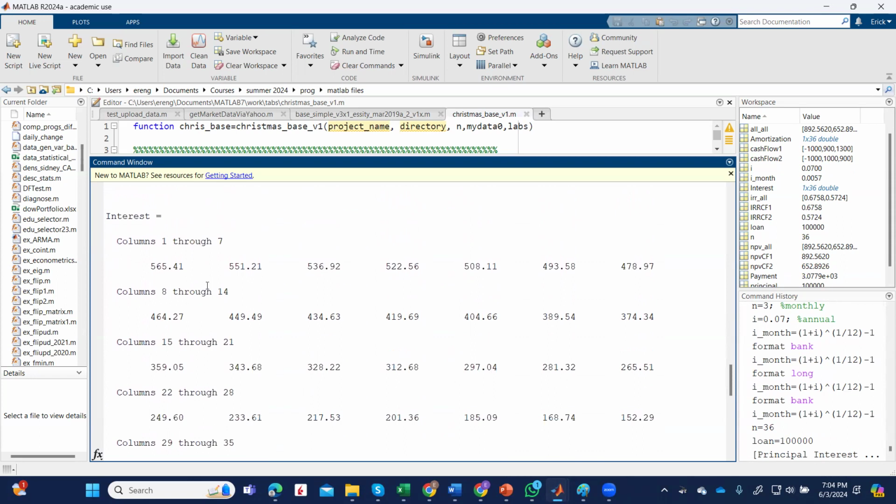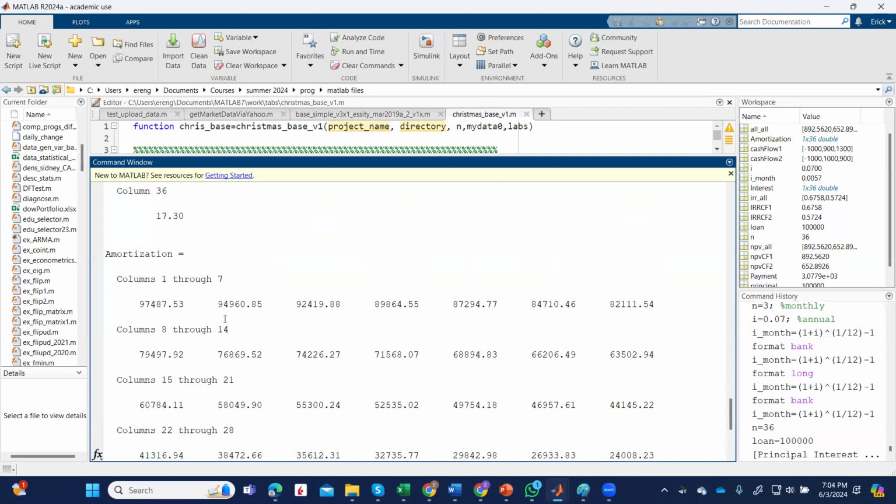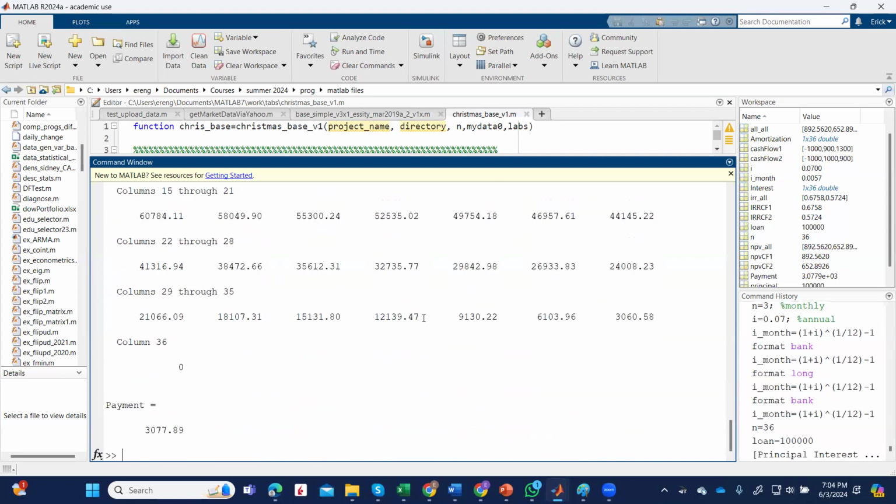I have my interests. I have my amortization. And then I have my payment. Okay. So let me rephrase something here, guys. Sorry, I need to change the position of this one here, I need to change this one here to be here.